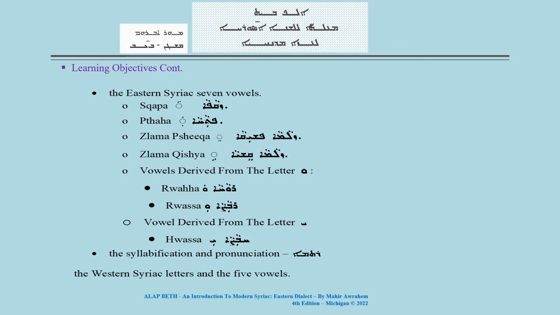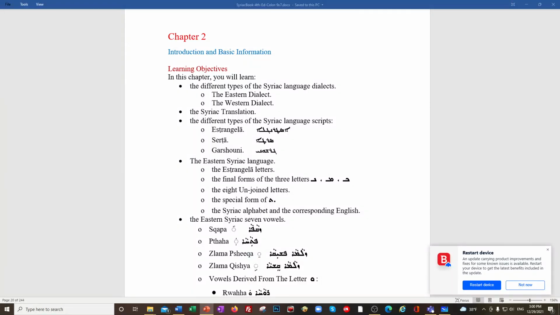And then we're going to learn how to pronounce the letter with the vowels, the 7 vowels we have. These are the 7 vowels. At the same time, we're going to start learning words and the meaning of the words, and we can put them together to make a statement. Here you go. This is Chapter 2.